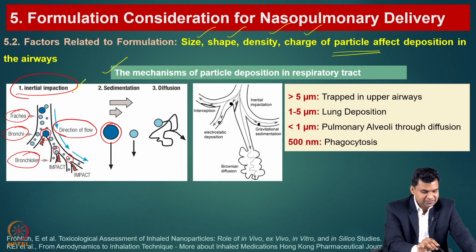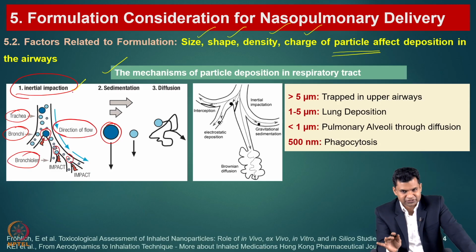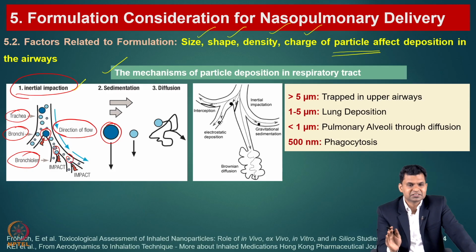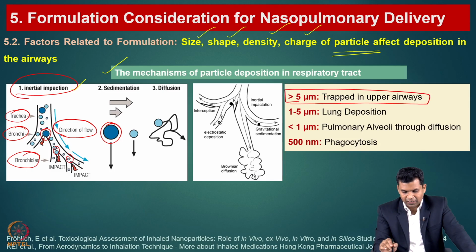That is called inertial impaction. This happens with large particles, which will be trapped in the upper airways, or there are cases where the particle may deposit if the size is very small, within 1 to 5 micrometers.